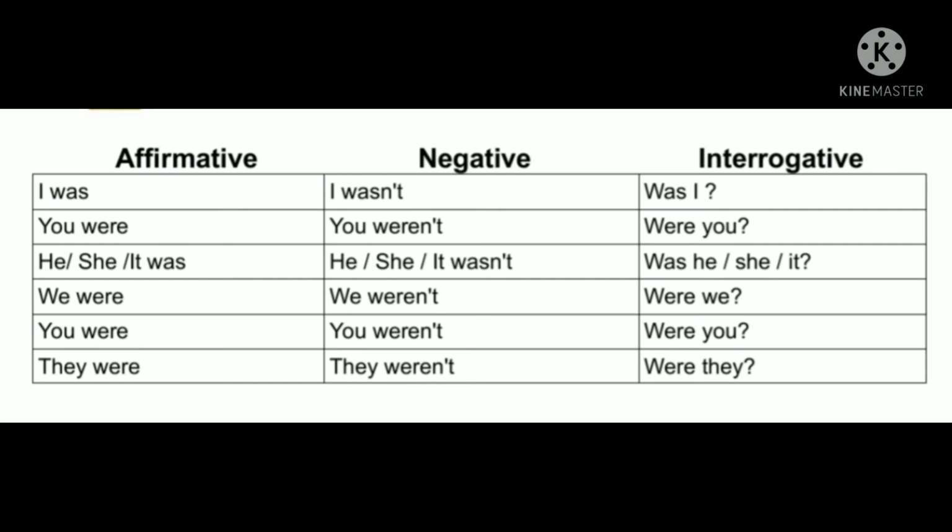Some people speak it like we were, but in fact it's we were, to sound it more like English. And we have you weren't and they weren't. So I wasn't, you weren't, he wasn't, she wasn't, it wasn't, we weren't, you weren't, and they weren't.